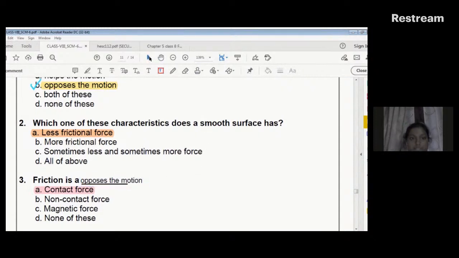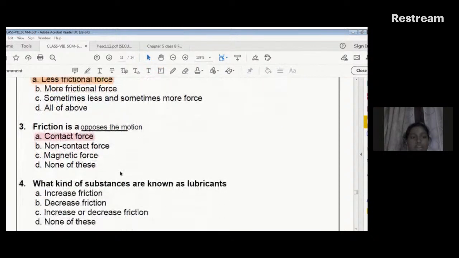Okay, so this was it. Next, we'll move on to the fourth one: what kind of substances are known as lubricants?